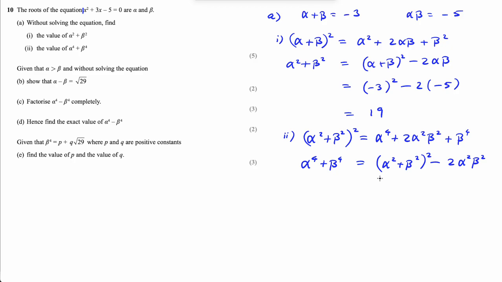Now this equals this squared. We know this is 19, so that's 19 squared, like that, minus 2 times alpha beta squared, which is negative 5 squared.